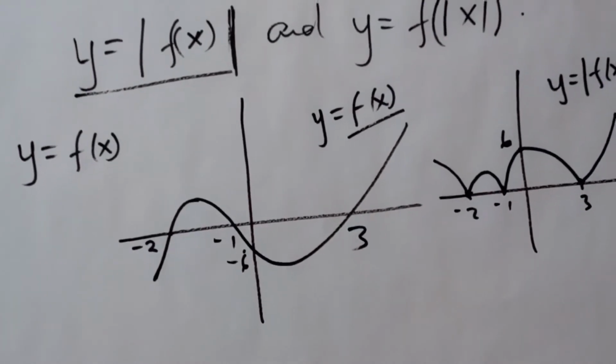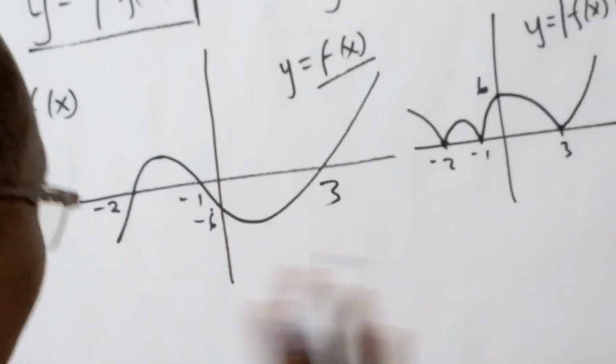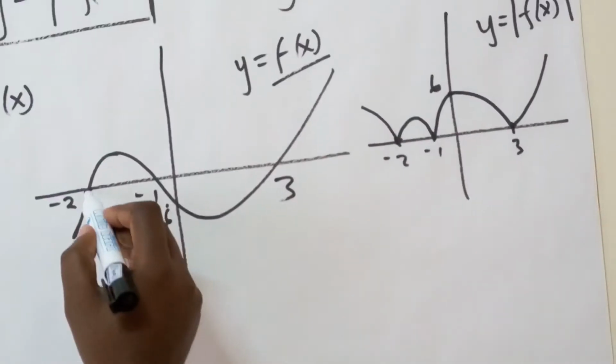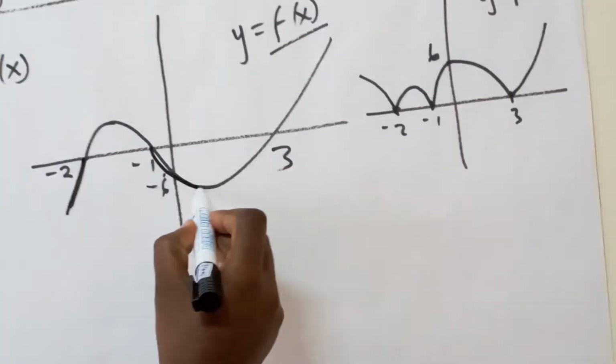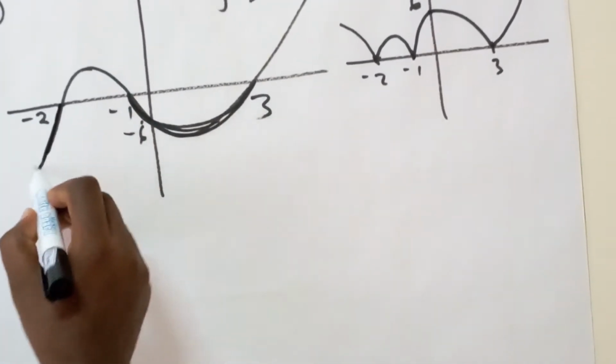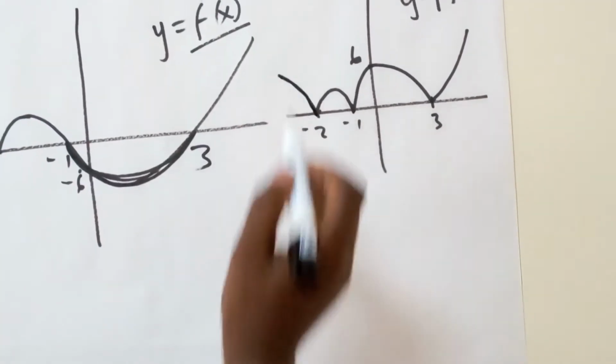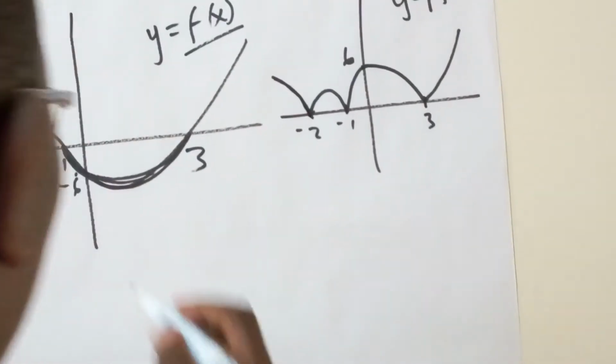Of course you reflect any negative part, not all the parts. The parts that I've highlighted are the parts that are going to be reflected.